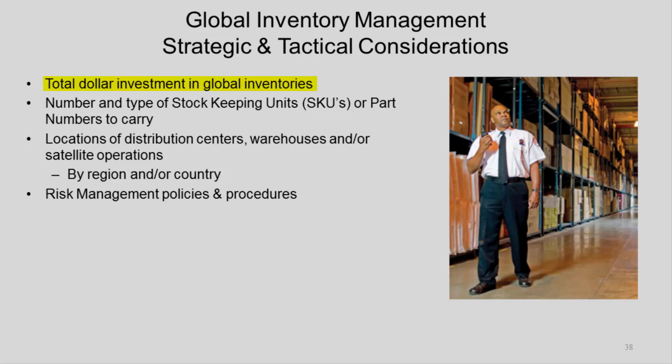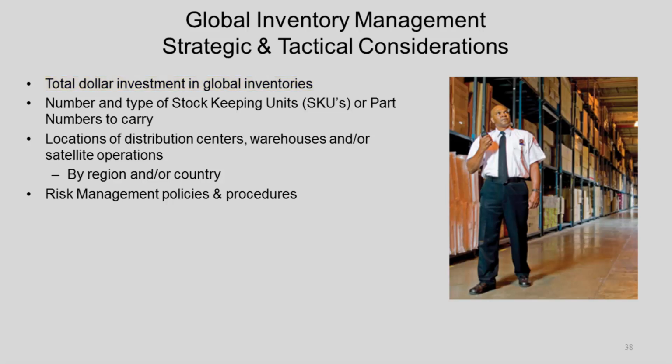One of the big financial decisions is right here, illustrated in a global inventory management environment, because things like how much money do we have available to finance global inventory? It's not an infinite amount of money we have available to invest in inventories. There are constraints around our access to capital. So the total dollar investment in global inventory is probably step number one, certainly in the top three.